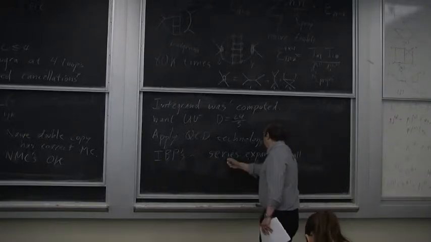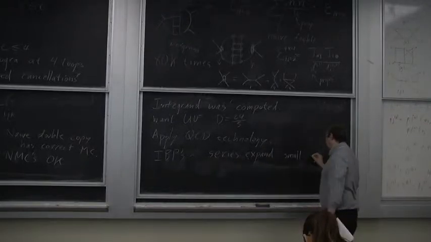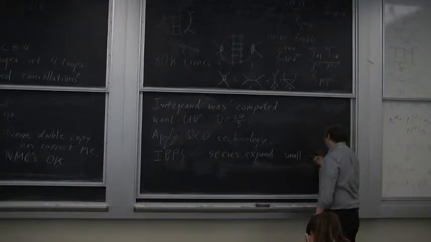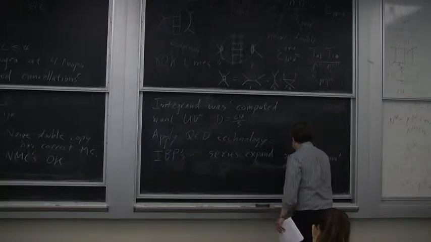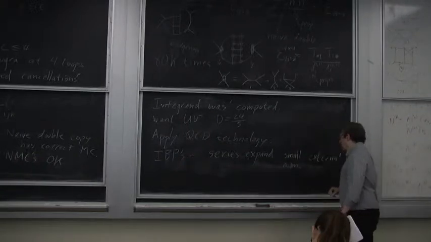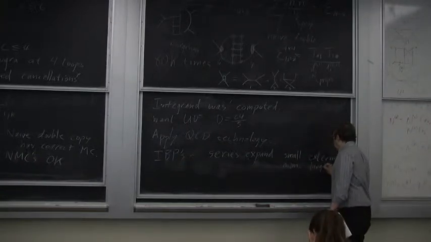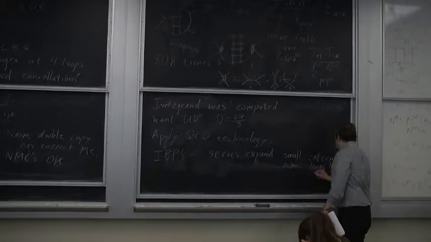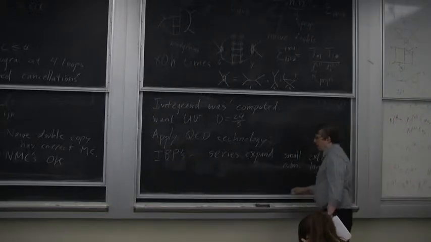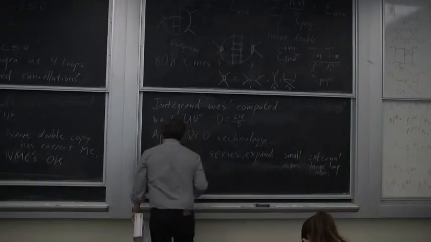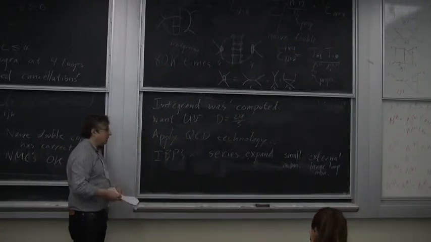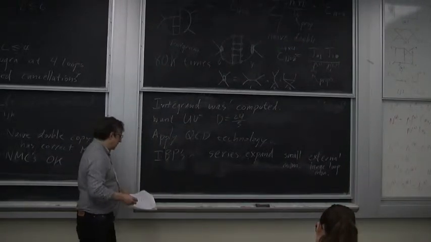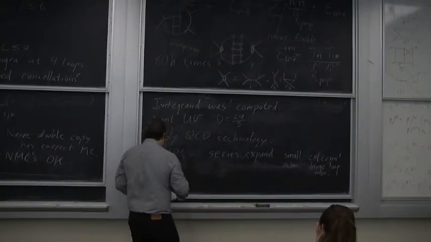Okay, so what we want to do is then series expand in small external momenta, or large loop momenta. And then apply the IBP technology. I don't have quite enough time to explain that, but let me just write down one equation.